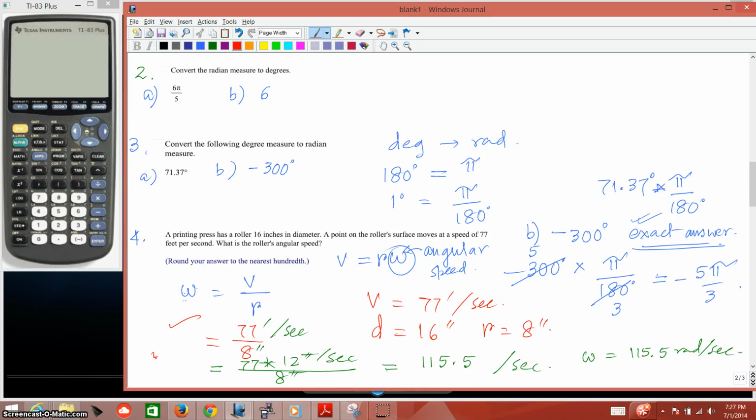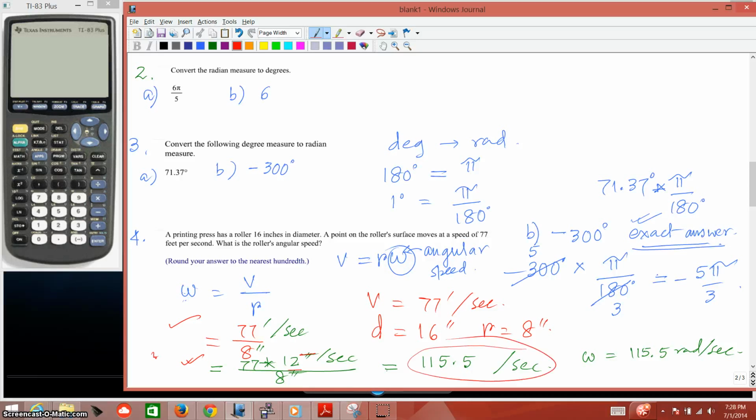You cannot carry out the problem with two different units, so you have to take care of the units first. I did 77 times 12 inches per second over 8 inches, and the inches cancel, leaving 77 times 12 over 8. Plugging it in the calculator, I got 115.5 per second.